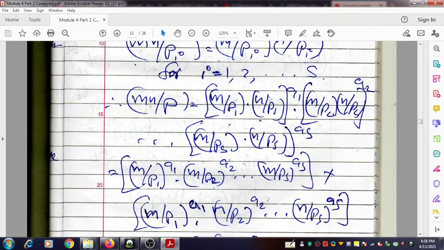After that, inside the bracket we have ordinary multiplication of two numbers. These are the two numbers in ordinary multiplication. Here also you have ordinary multiplication.